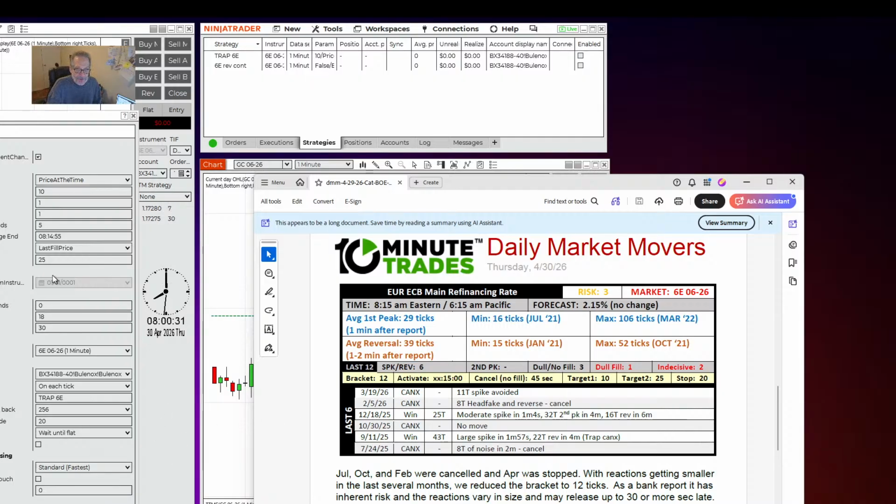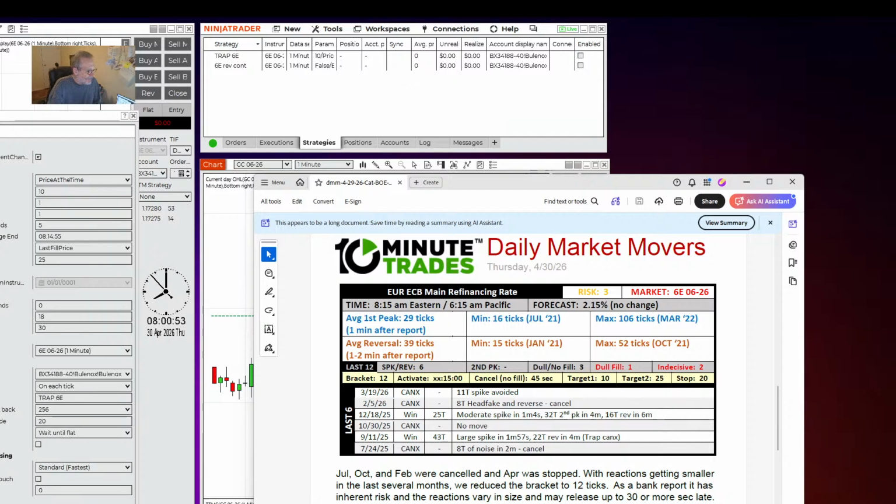Our stop is 25 ticks. Tier 1 is 18. Tier 2 is 30. We're going to trade it in a prop account number 40, and it's labeled Trap 6E.